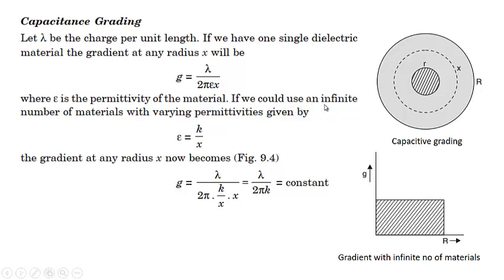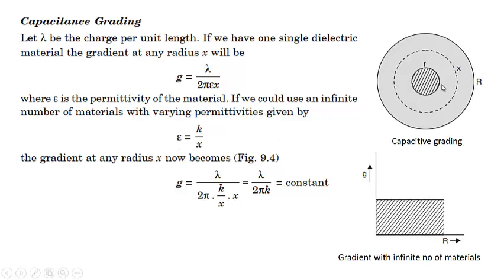If we could use an infinite number of materials with varying permittivity, whose permittivity is given by epsilon equal to k by x. This is a hypothetical theory which may not be used in practice, but we can use it and see what the effect is. The permittivity of all the materials, which are very close to each other and infinite in number, will be equal to k by x.